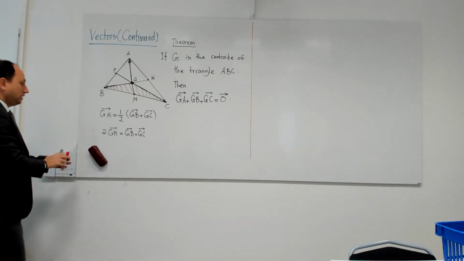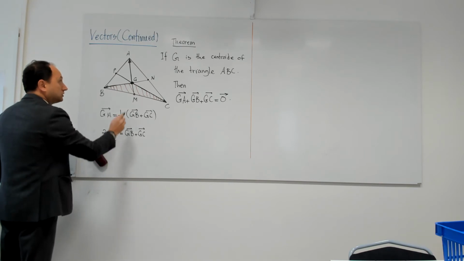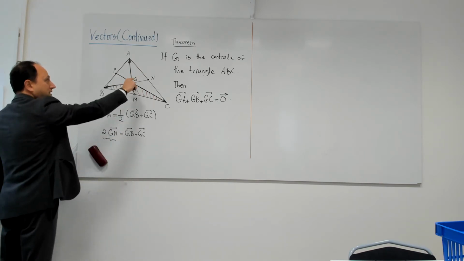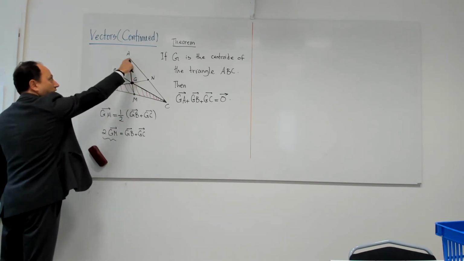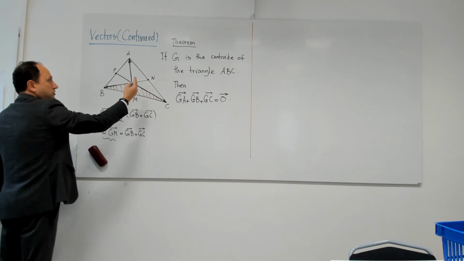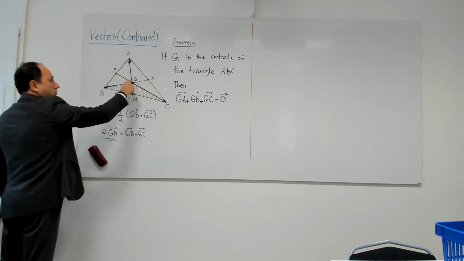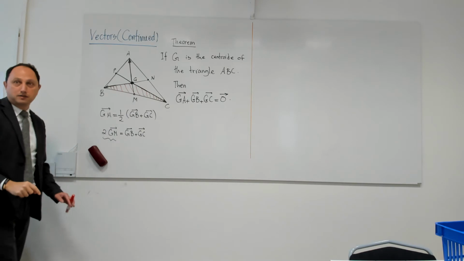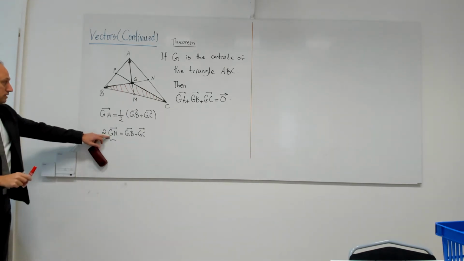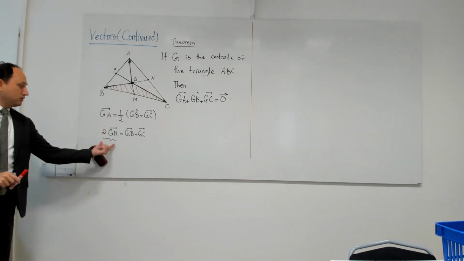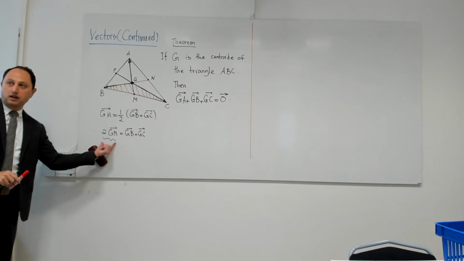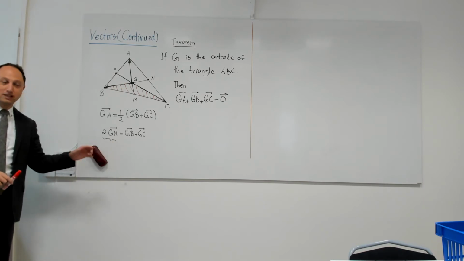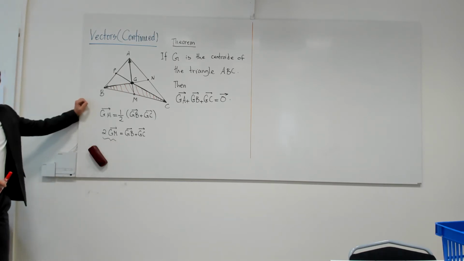Okay, but what can I write for this one then, according to the theorem? Because we know that this centroid will divide this median into two parts, so that the length of this part is 2 times larger than the length of that part. And I am just now multiplying GM by 2. Can you tell me what vector I can write below that? But be careful, make it 100% correct. Yes, Kevin?